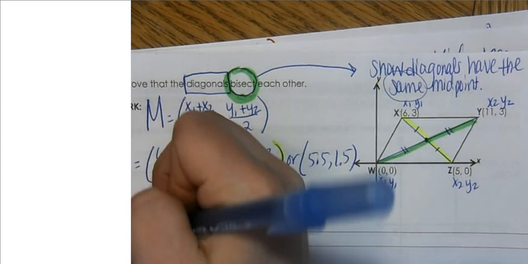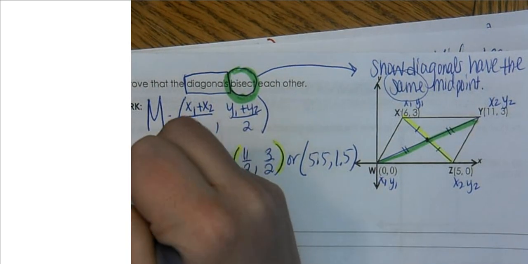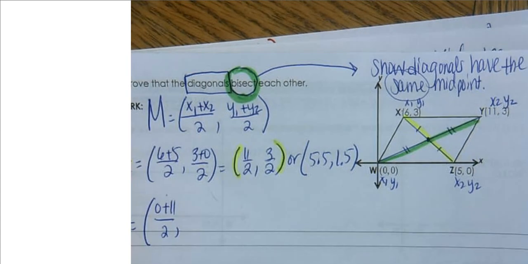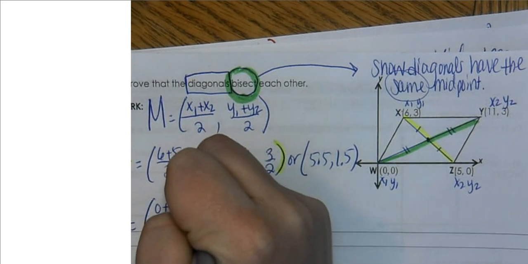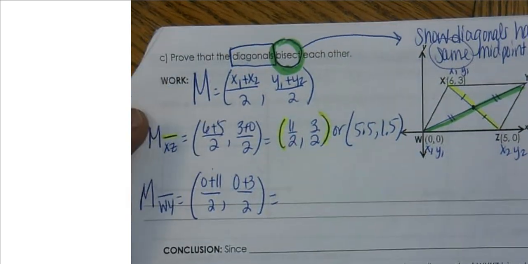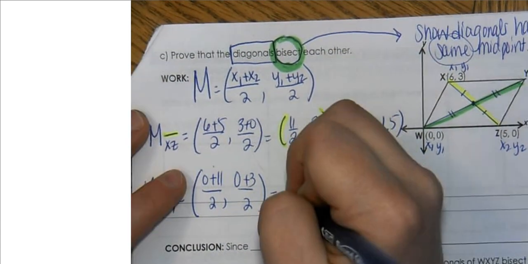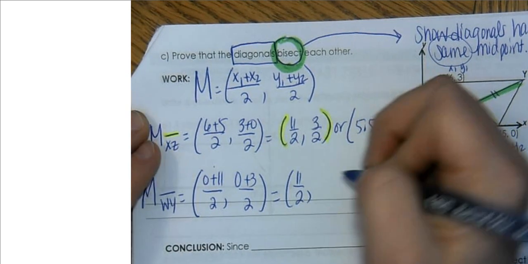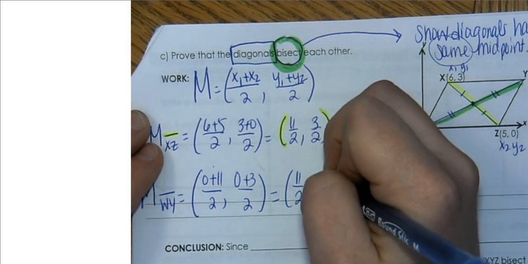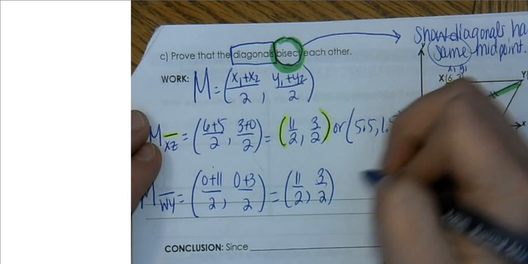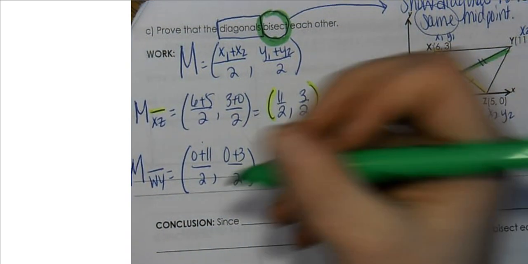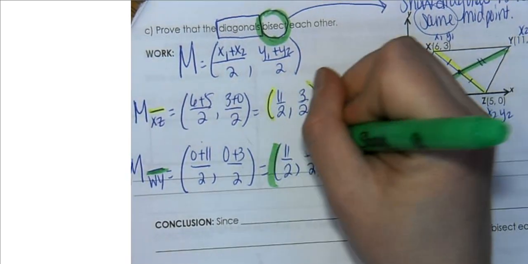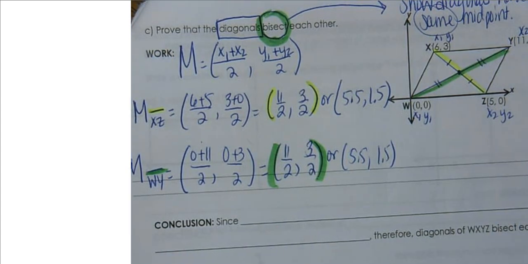So that is going to be 0 plus 11 divided by 2, and 0 plus 3 divided by 2. 0 plus 11 is 11 over 2, and 0 plus 3 is 3 over 2. You can also write that as 5.5, comma 1.5. But like I said before, I would prefer that your answer be written with fractions.